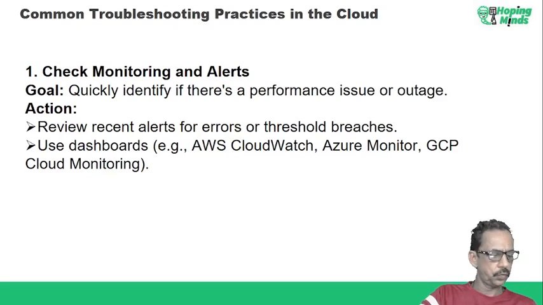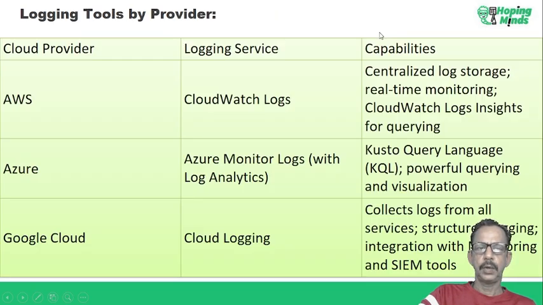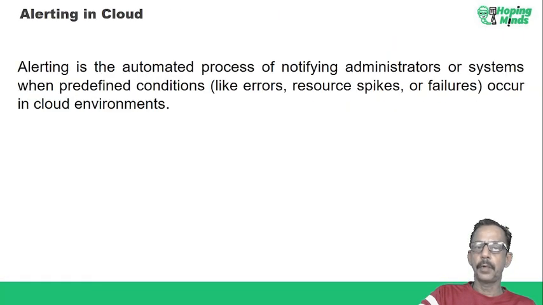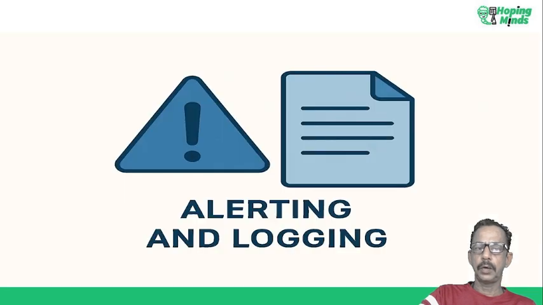So now we are going to discuss common troubleshooting practice in the cloud. In our previous session, we discussed monitoring, alerting, and logging. We also did the practical demonstration of how we can create the alerts and how we can see the logs in AWS CloudWatch.